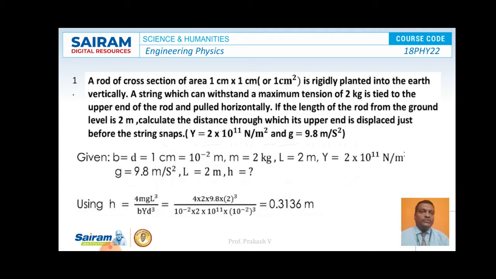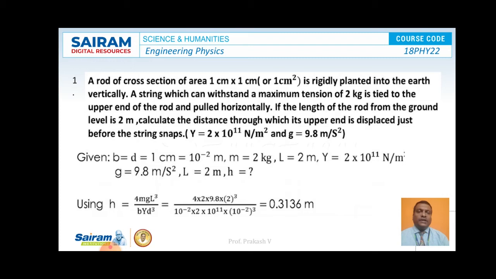Young's modulus is 2 into 10 to the power of 11 Newton per meter square, and acceleration due to gravity is 9.8 meter per second square. So total length of the cantilever is 2 meter, and we have to calculate what is the depression going to happen, or what is the value of h here.